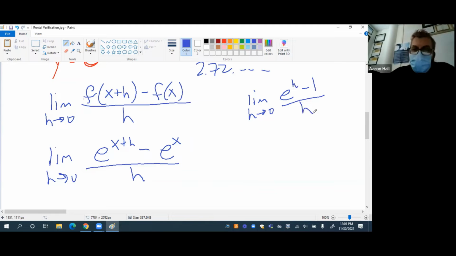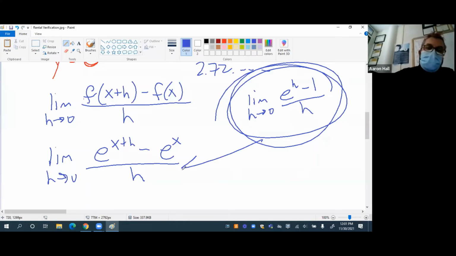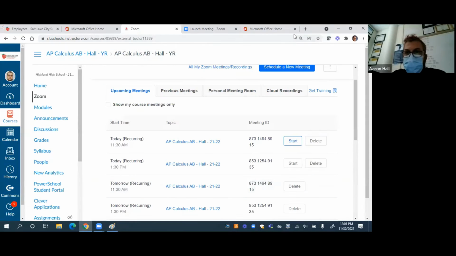Instead of going into another level of math, I'm going to graph this so we can see what we converge on before we integrate that into our function over here. So I'm going to go to Desmos.